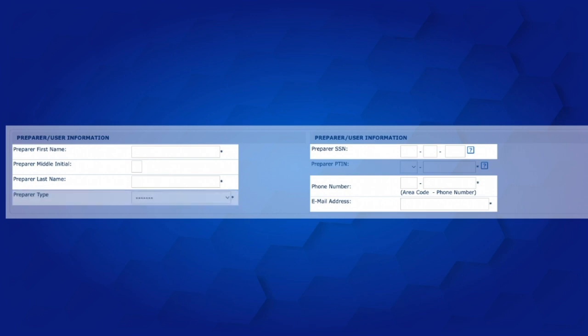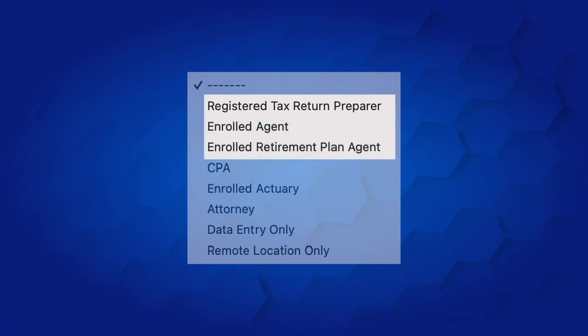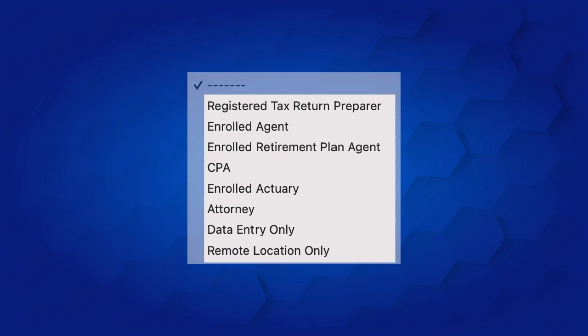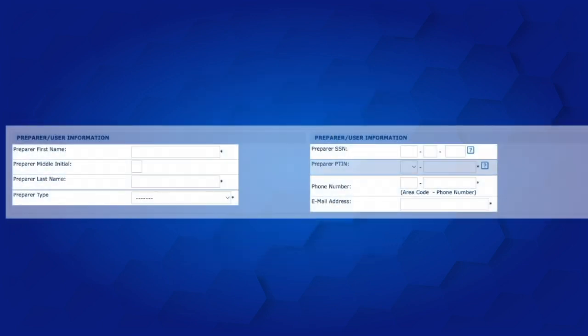You will also need to choose a preparer type: registered tax return preparer, enrollment agent, enrolled retirement plan agent, CPA, enrolled actuary, attorney, data entry only, or remote location only. Finally, enter the preparer's tax identification number or PTIN. Anyone who is paid to file taxes is required by the IRS to have their own PTIN number.